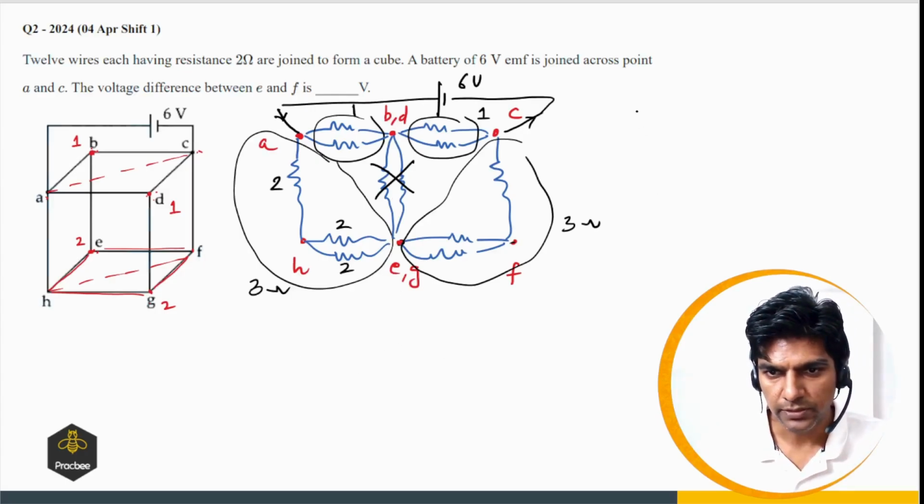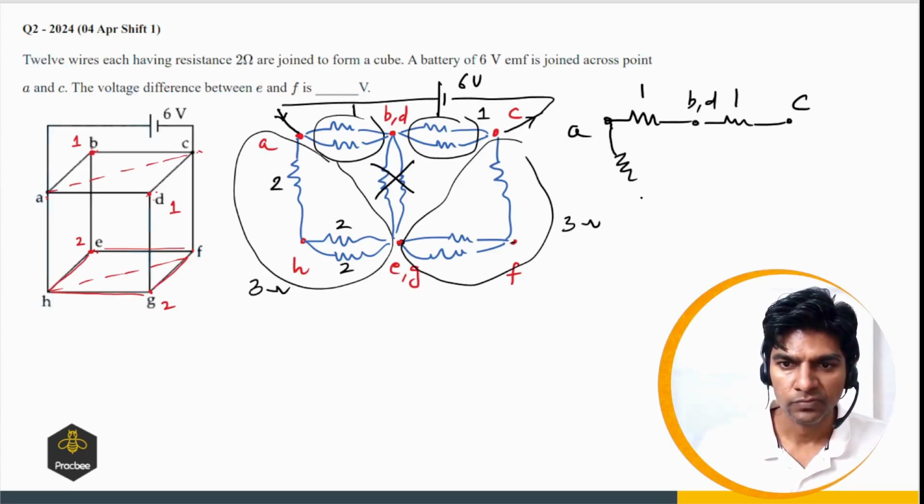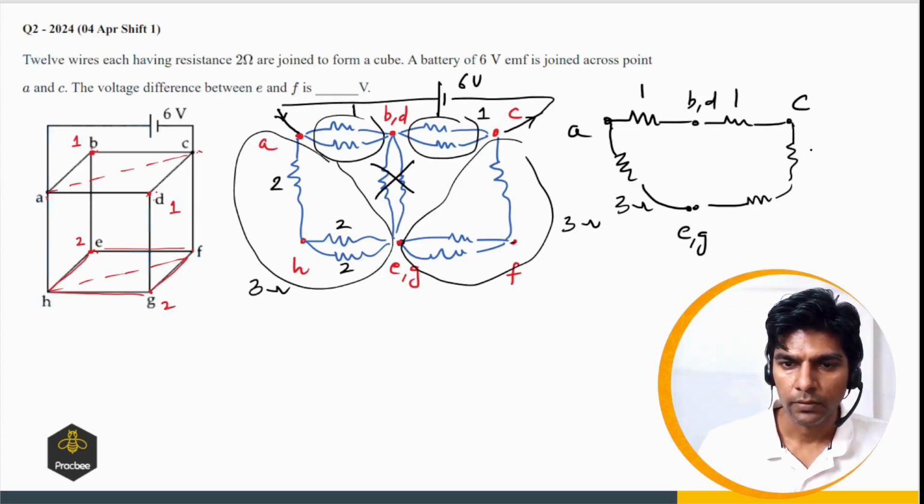Now the simplified circuit will look like this. So we have 1 ohm, this is BD, then 1 ohm, C, A, and here we have 3 ohms, and this is EG, and here we have 1 ohm, and this will be 2 ohms and this will be 1 ohm, right?